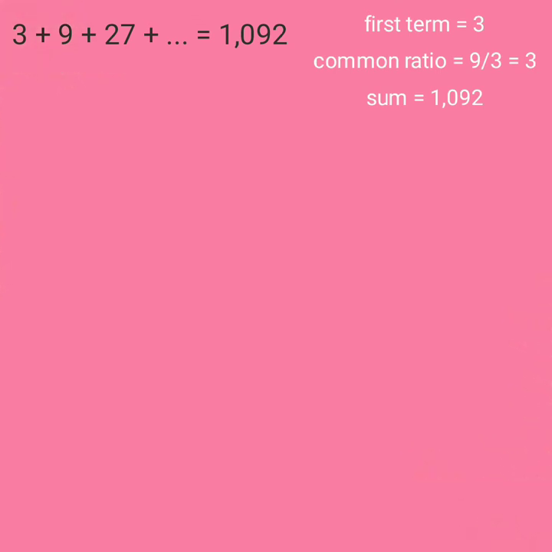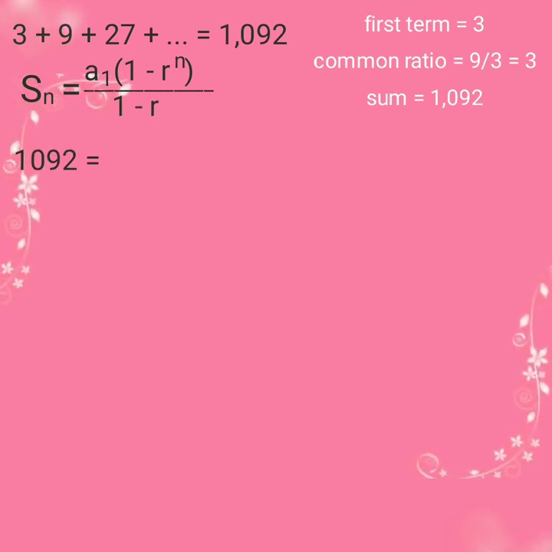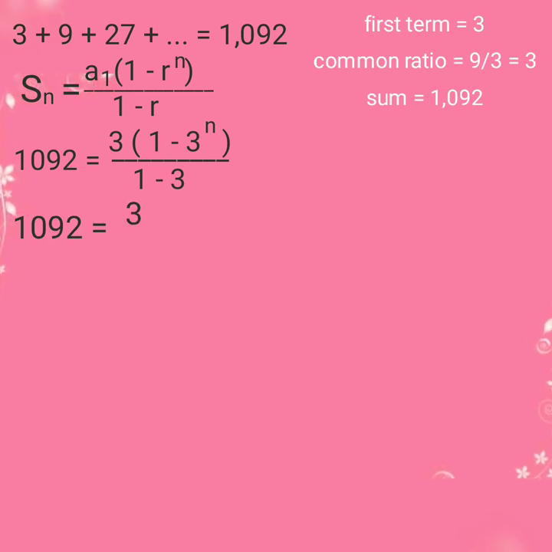we can use the formula for the sum of a geometric sequence, which is S of n is equal to the first term times the quantity of 1 minus r raised to n all over 1 minus r. 1,092 is equal to 3 times 1 minus negative 3 raised to n all over 1 minus 3, which is negative 2.